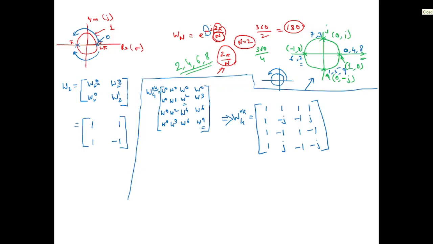Another important thing is that later on we will be going towards the FFT, which is a way to implement DFT. In that case we consider DFT in the format of 2 to the power n. That means we will go for 2, 4, 8, 16.